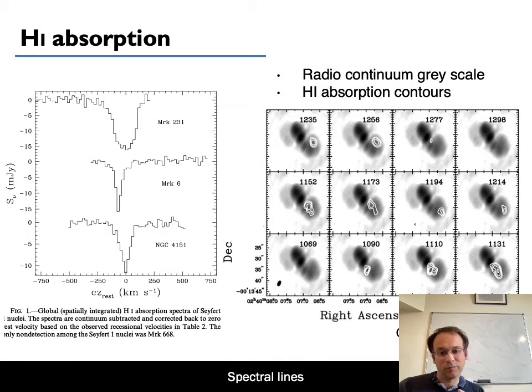In this study this was probably just due to rotation of an H1 disk in front of the radio-loud AGN. Okay, and so this is an example, an extragalactic study of neutral atomic hydrogen using absorption lines. And this is really important because this allows us to look at things like the interaction between an active galactic nucleus and the surrounding interstellar medium, the neutral interstellar medium in these galaxies.